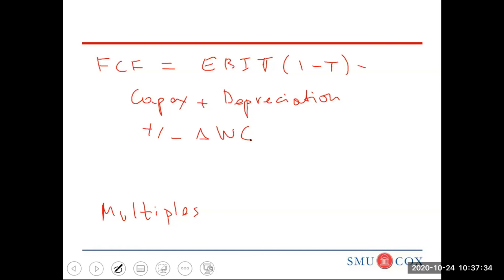How about depreciation? That one can be a little bit tricky. Cash flow statement as well. Yeah, you can usually find it on the cash flow statement.